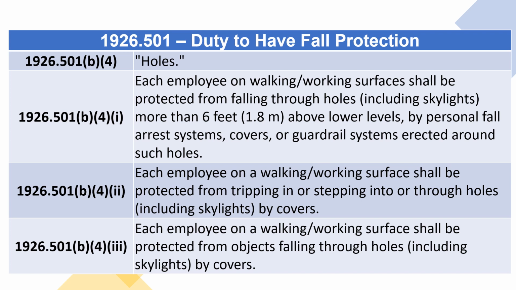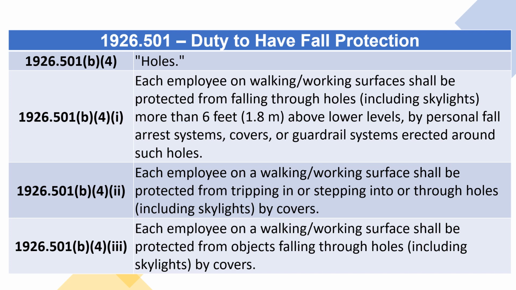1926.501(b)(4). Holes. 1926.501(b)(4)(i). Each employee on walking/working surfaces shall be protected from falling through holes, including skylights, more than 6 feet (1.8 meters) above lower levels, by personal fall arrest systems, covers, or guardrail systems erected around such holes. (ii).